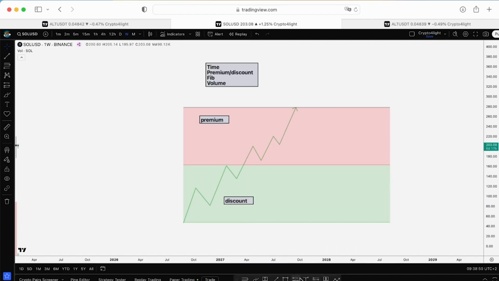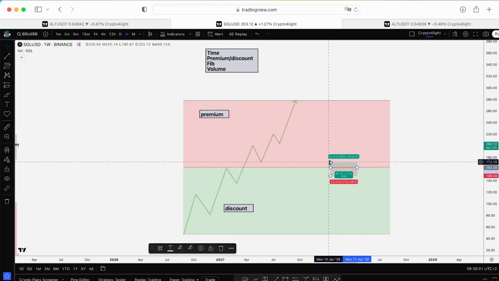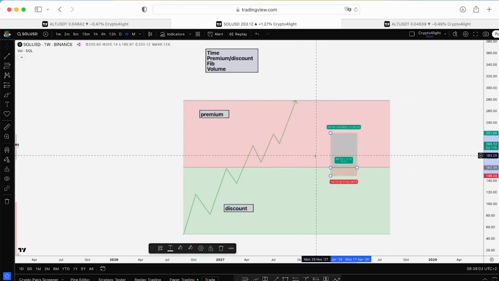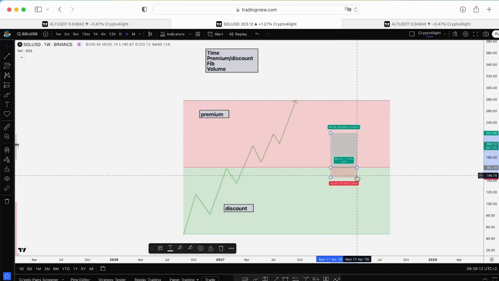So how can we trade? For example, we can trade with leverage and work with proper risk management. You can add your limit order at equilibrium, at the beginning of the discount zone, and adjust your stop loss. For example, it can be a big stop loss, like 10%, with 20x leverage.